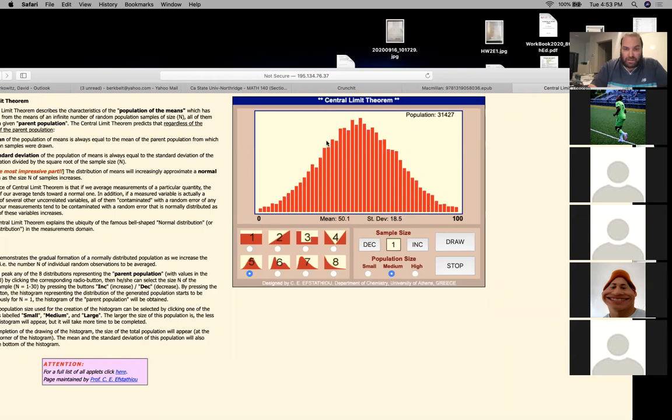How many samples did I take for this particular problem? 31,427. So of the 31,427, most of them occurred right here in the middle. And as I tapered off to either side, it kind of dropped.